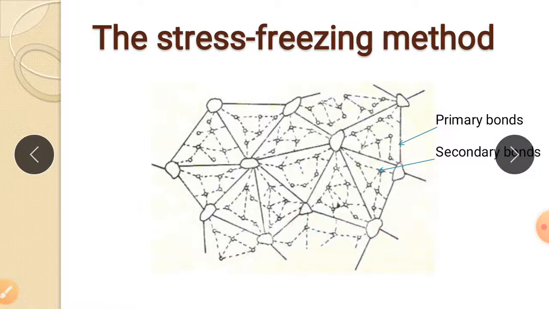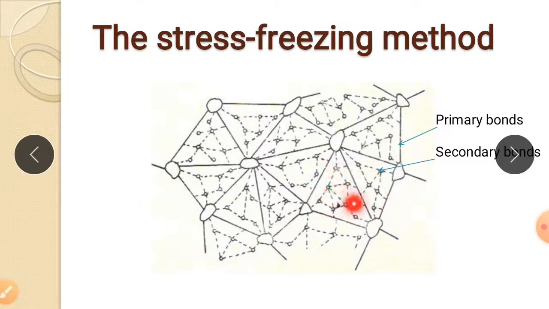Then we increase the temperature of the material. As the temperature increases, the secondary bonds dissolve. Because of the increase in temperature, the secondary bonds disappear and are converted into a jelly form.